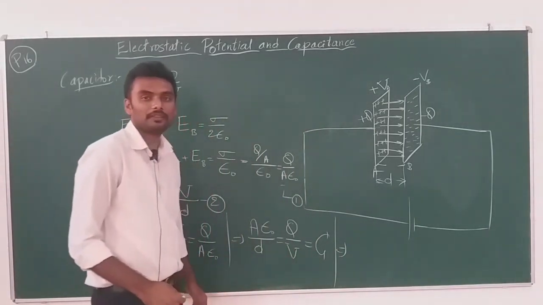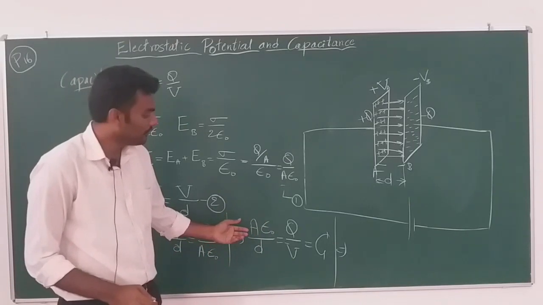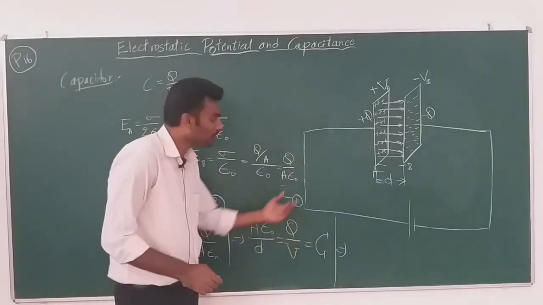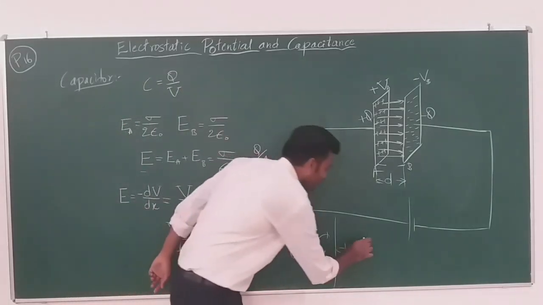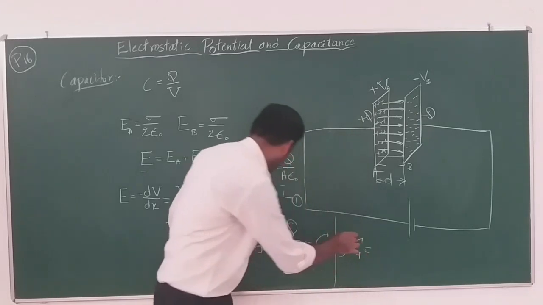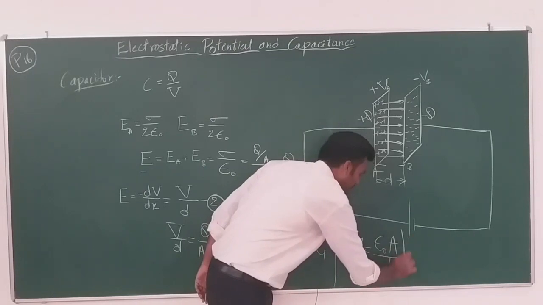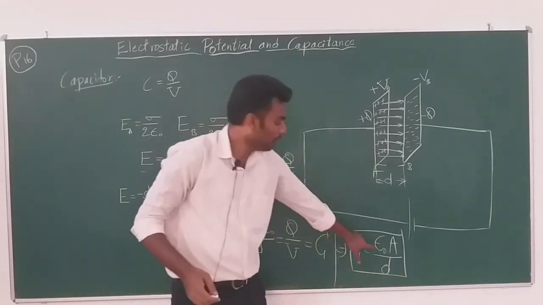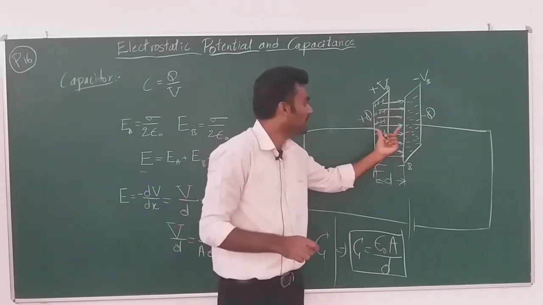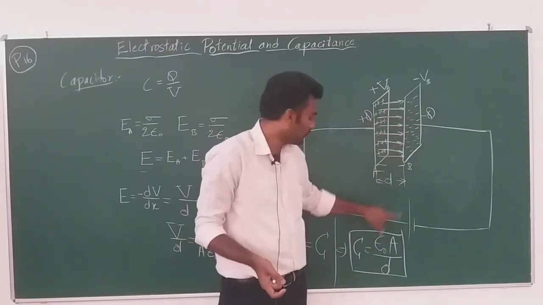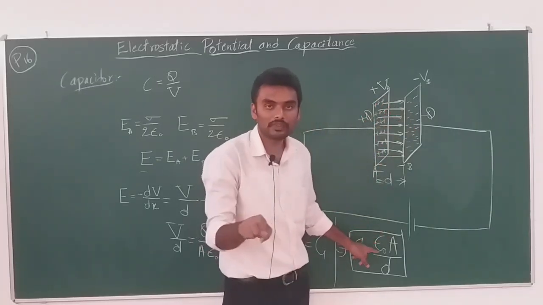So finally, we have the expression for capacitance C, which is expressed in terms of the physical conditions of the given capacitor: C is equal to epsilon naught A by d. Epsilon naught is the electric permittivity of the medium between these plates. We choose air, that is why it becomes epsilon naught. If we had chosen some other medium, it would have been epsilon simply.